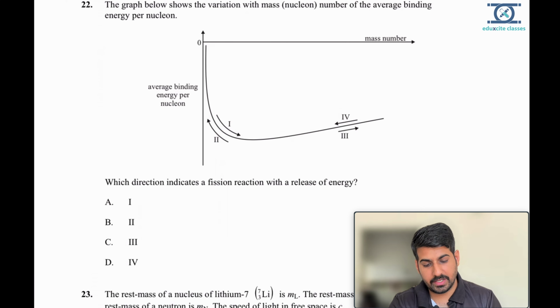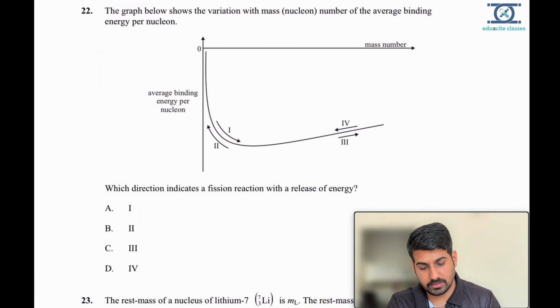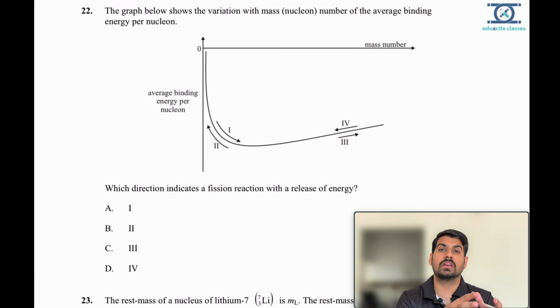Now question number 22 is quite a good question. The graph below shows the variation of the average binding energy per nucleon with mass number, nucleon number. So you can see the directions of 1, 2, 3 and 4. Which direction indicates a fission reaction? Now fission reaction means a higher nucleus splits into lower nuclei. So definitely the mass number will decrease. So first we have to go with this arrow. So option 3 gets over and option 1 gets over.